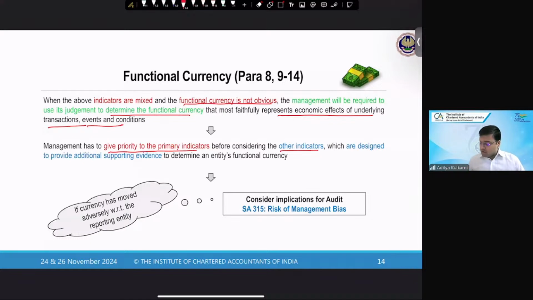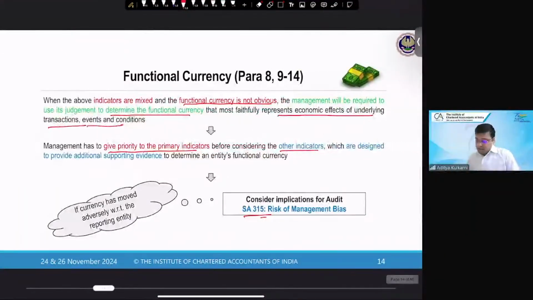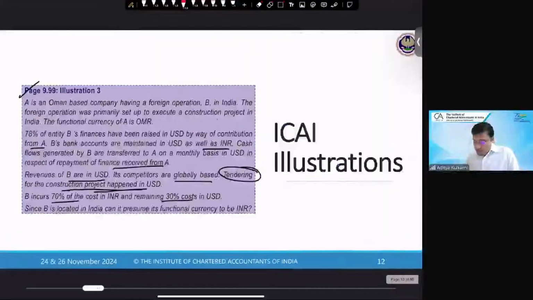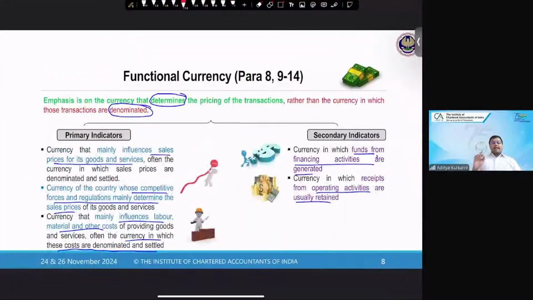So then you will have to consider implications for audit under SA 315, risk of management bias. Okay, so that is done. Now, you also have to remember that whenever you do your analysis of functional currency, you will first check whether primary conditions are fulfilled and then if secondary conditions are fulfilled.